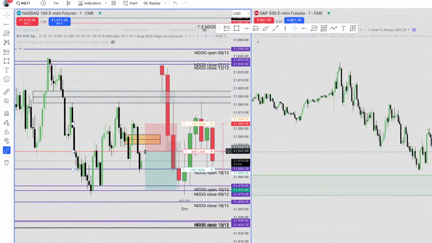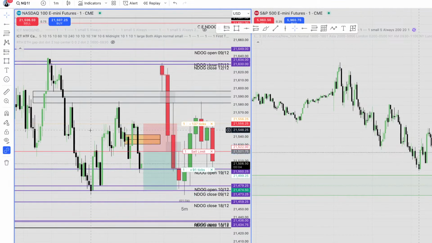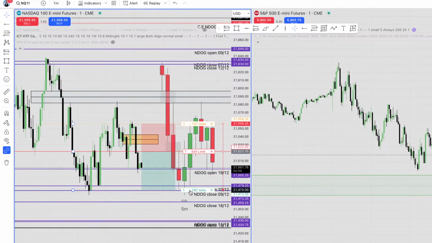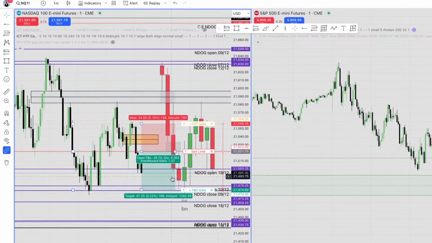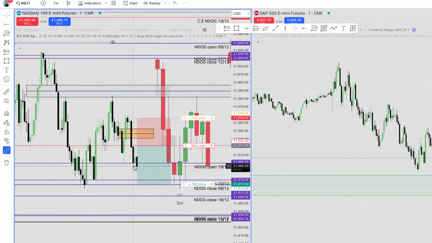I even put it under the fair value gap with a tick. If this closes below, I will try to use this order block.